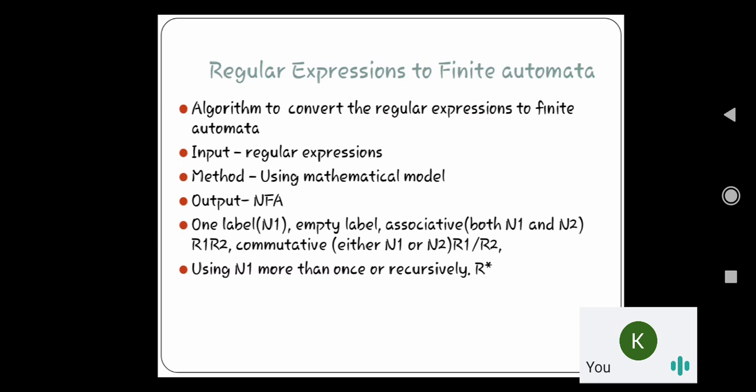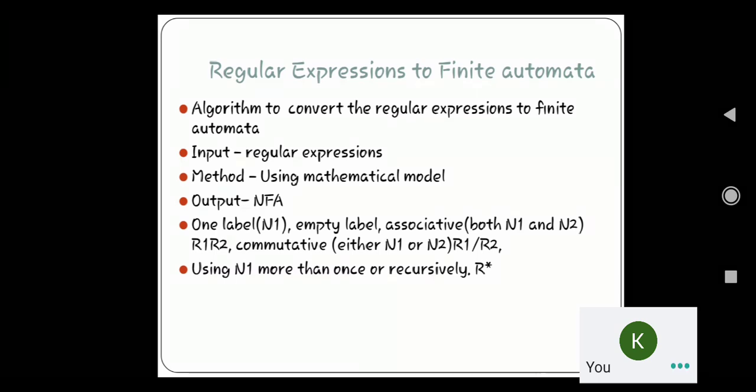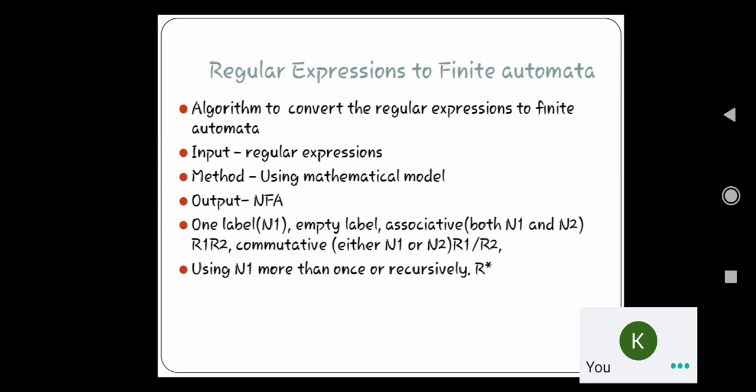But how are we concatenating? We are going to take the final state of NFA1, and then we are going to merge it with the initial state of NFA2. So there occurs the concatenation. The final state of NFA1 and initial state of NFA2 will be merged together.